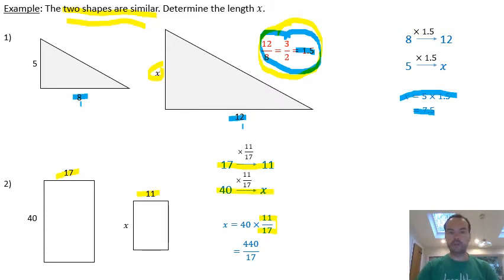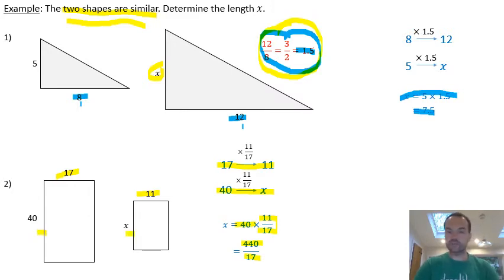Or we can work out the scale factor, 11 divided by 17, and simply multiply the 40 by it. 440 over 17, and we'd usually turn that into an answer that matches the format of the question, and that's 25.9.